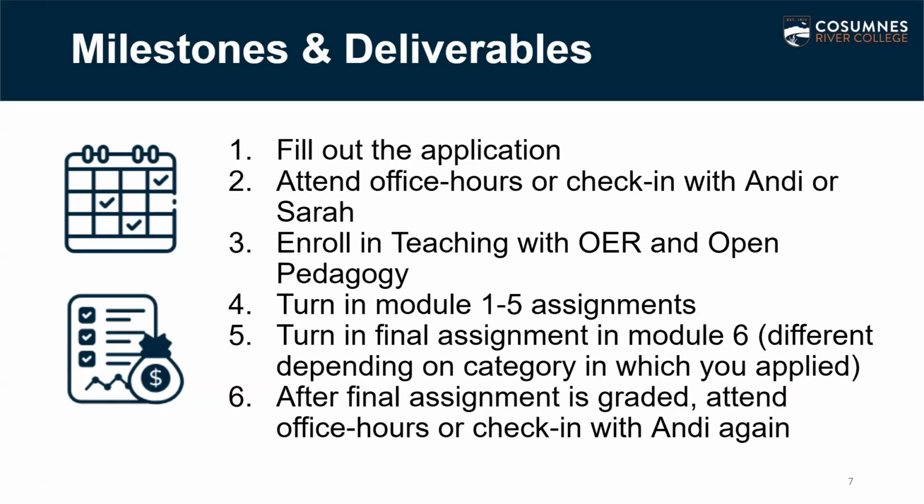You have to enroll in the Teaching with OER and Open Pedagogy course, which is a self-paced Canvas course. In that course, there are 6 modules. In the first 5 modules, there are 2 assignments. One is a very quick, auto-graded knowledge check quiz.